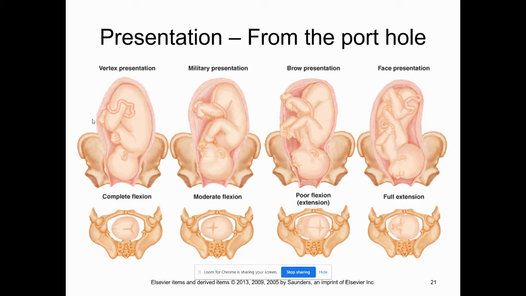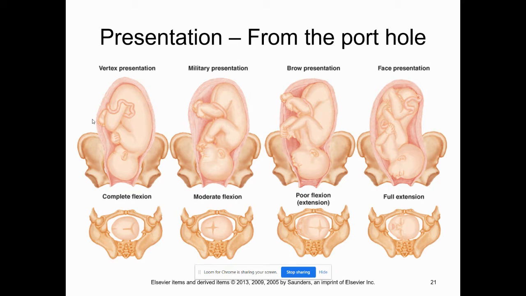If you look at these diagrams, you see vertex presentation is complete flexion, and when you look at the pelvic cutaway below, we have the most wiggle room to pass that baby through. So that's the best presentation, and vertex is most desirable. Next, we have military presentation.